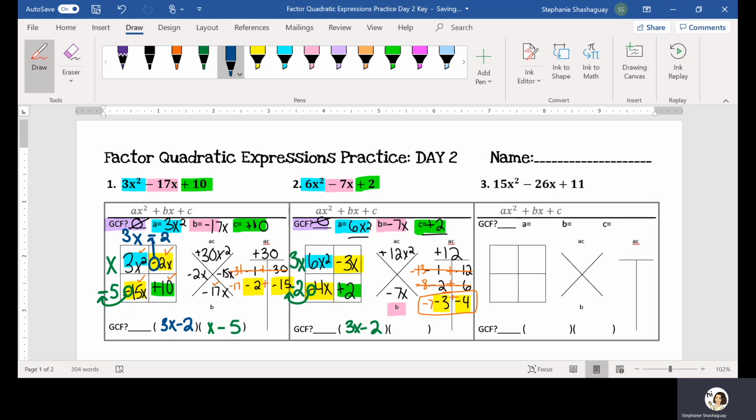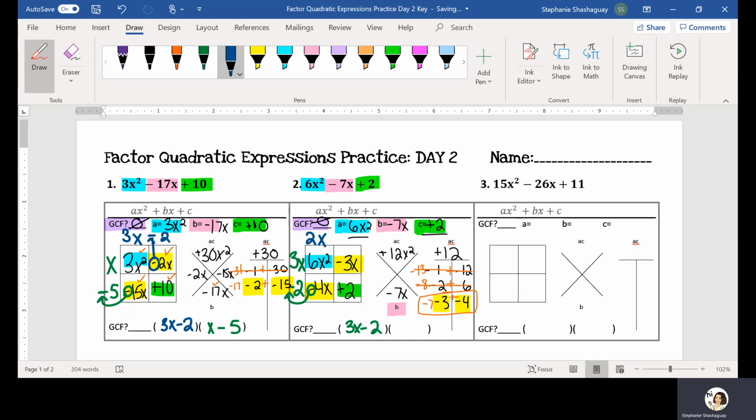Next, I have my 6x squared and my negative 4x. Well, I can factor out a 2x, right? Because 6 is divisible by 2, and negative 4 is divisible by 2, and they both have an x term, so I factor out an x. Then I have negative 3x and a positive 2.